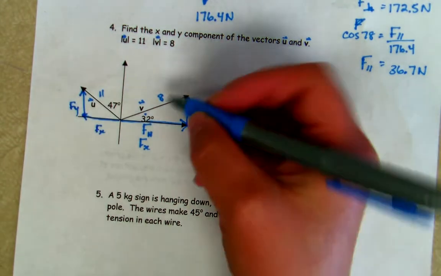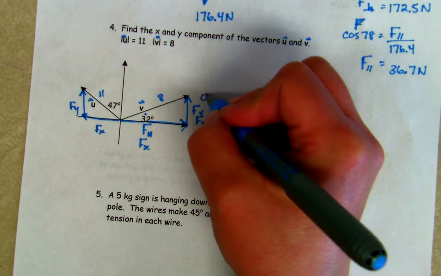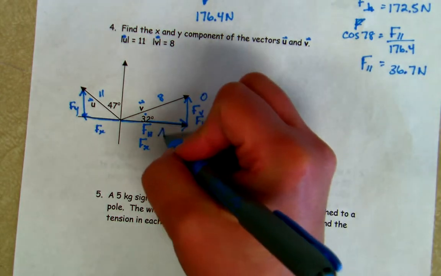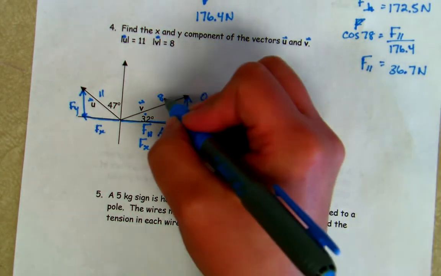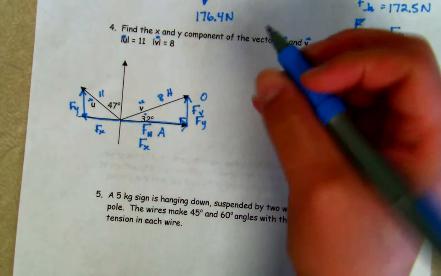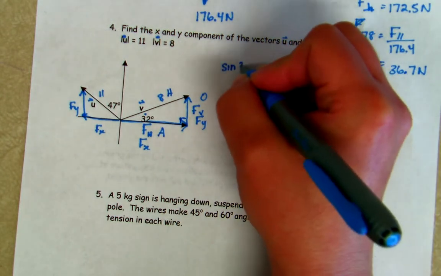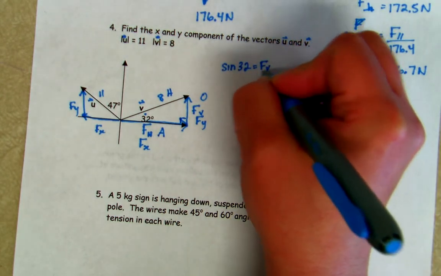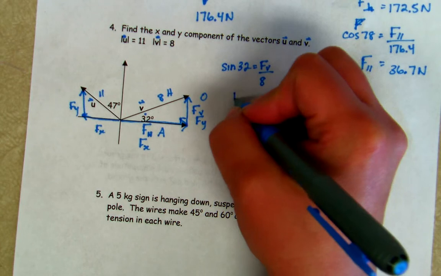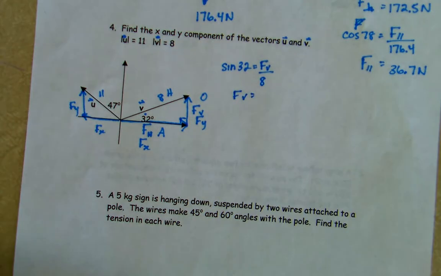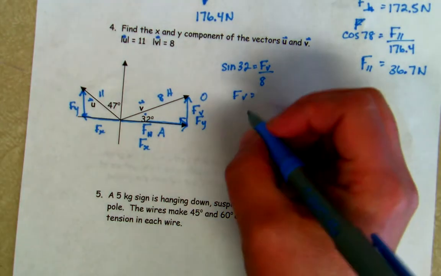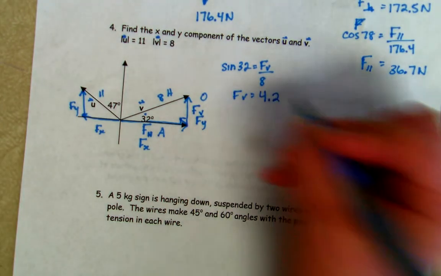So I'm going to look at V first. The vertical force is my opposite. The horizontal force is my adjacent. My hypotenuse is 8. So sine of 32 is force vertical over 8. So that's going to give me force vertical equal to 8 times the sine of 32, which is 4.2.